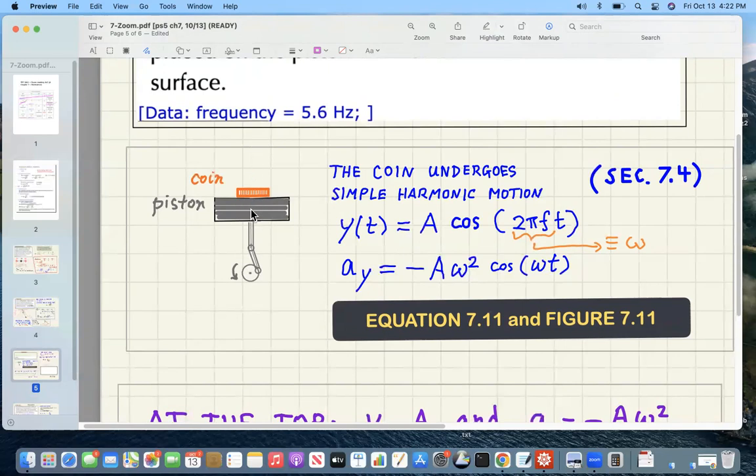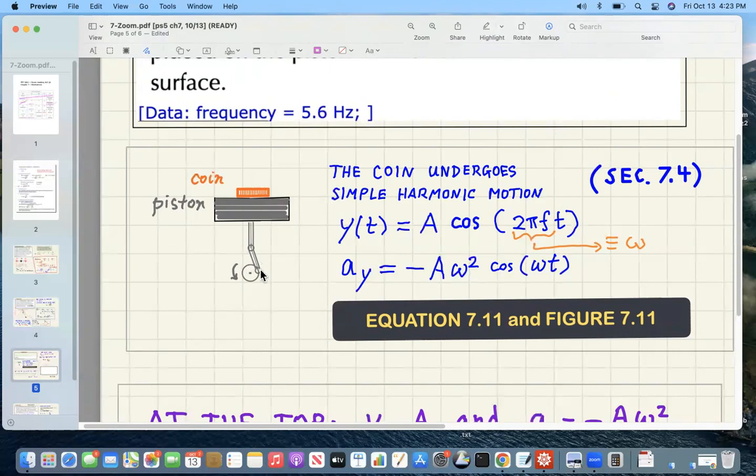And again, there's this relationship between uniform circular motion and harmonic motion. So the up and down of the piston, that's the harmonic motion.